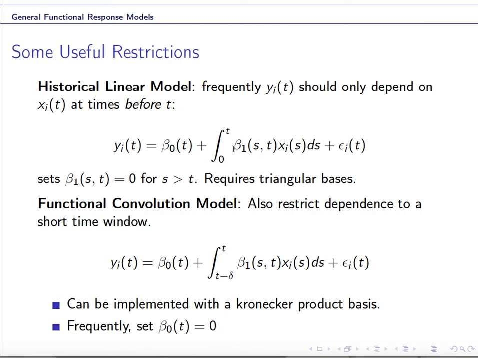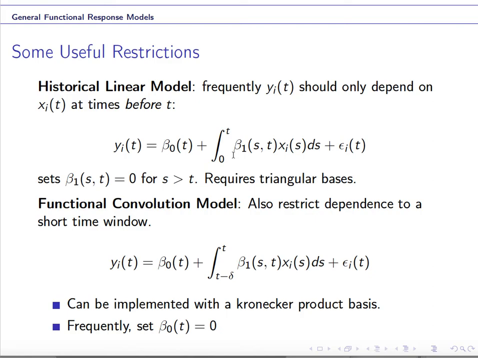But think about when s is greater than t. In other words, the value of y_i at time t would depend on future values of x at time s. This doesn't make sense, right? In reality, we think the value of current y will only depend on the values of x in the history, not in the future.